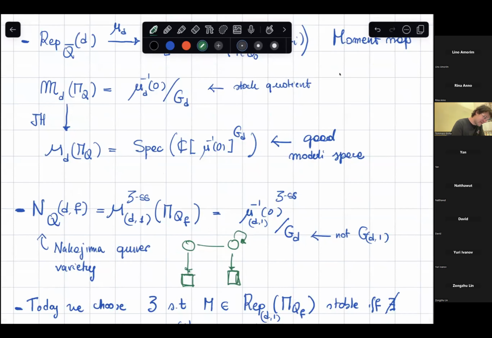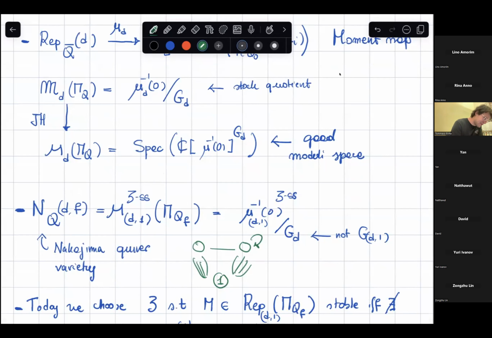For me, it will be a bit more convenient to think of them in another way. We can keep the original quiver as it was before, but now we only add a vertex at infinity with its dimension vector. The dimension vector of the vertex at infinity will always be 1. And we add some arrows from the vertices of the principal quiver to this vertex at infinity.